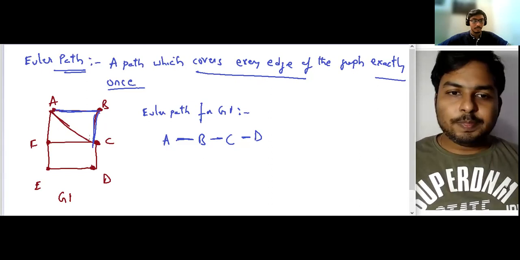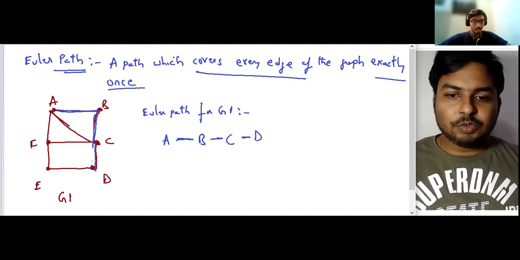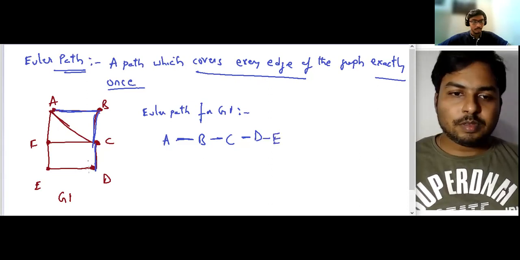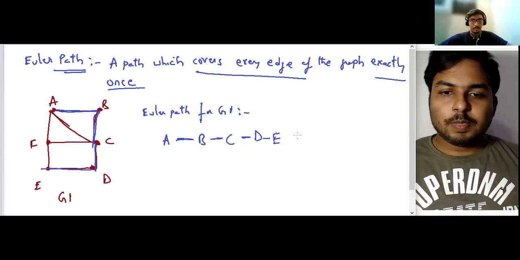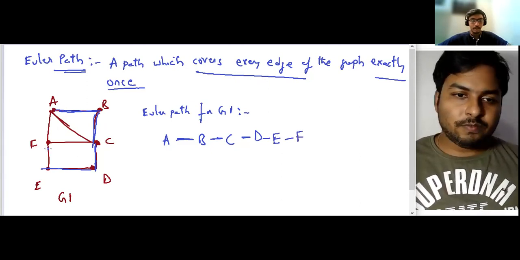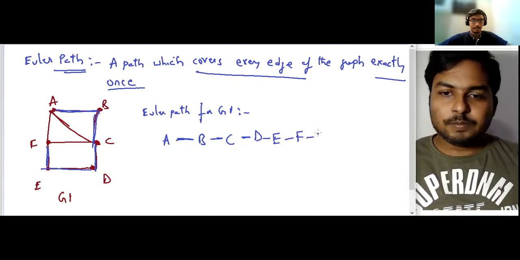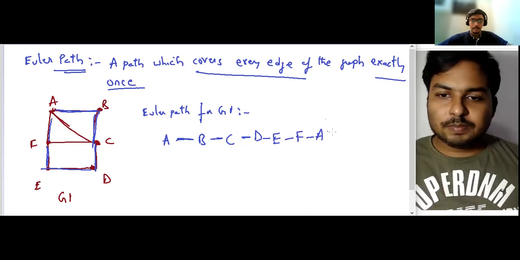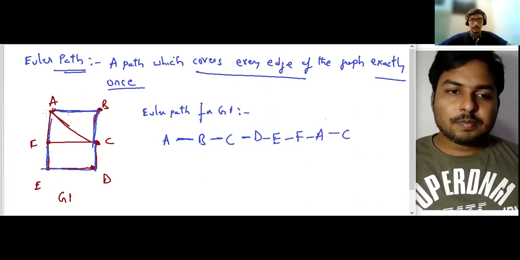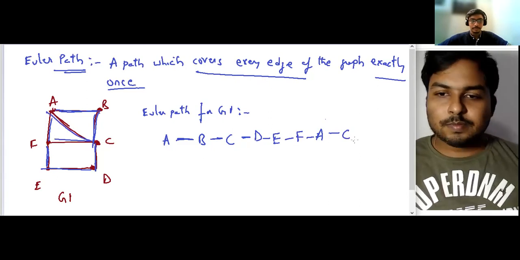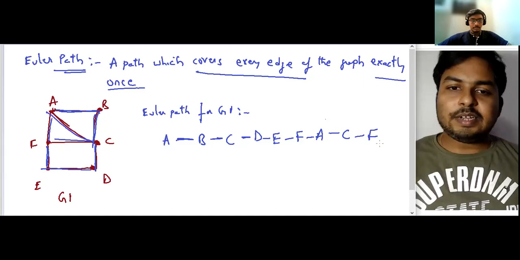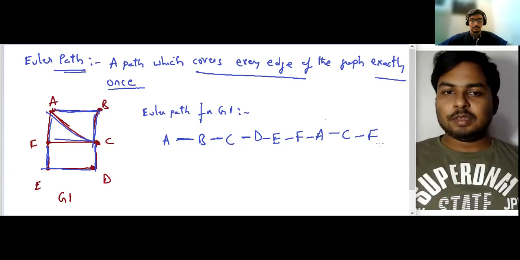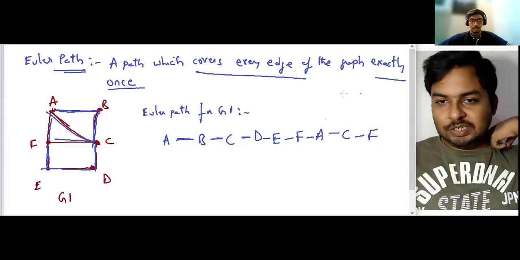So A to B, then B to C, then I'm coming from C to D. Then I can go from D to E, then E to F, and F to A, and A to C, and C to F. So that covers every edge exactly once. And we have covered all the edges. So a path which covers every edge of the graph exactly once is called Euler path.